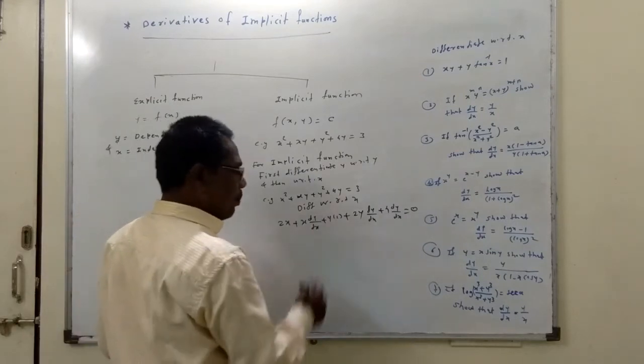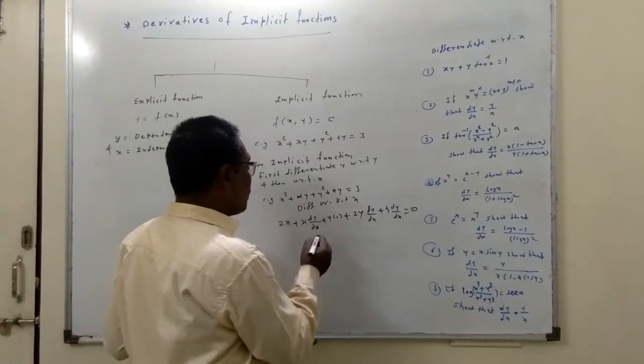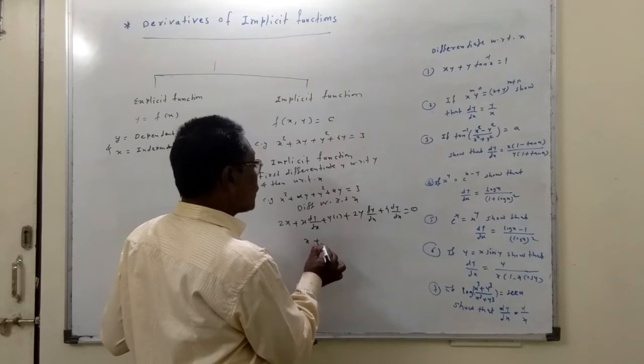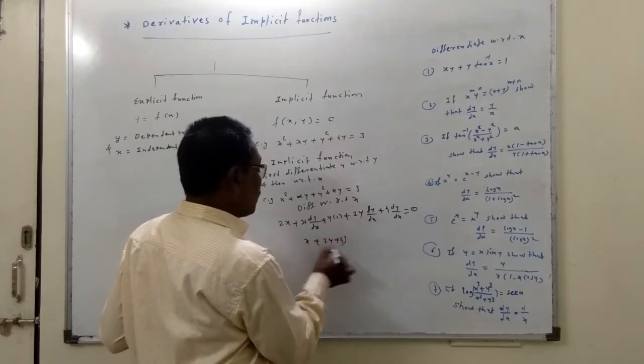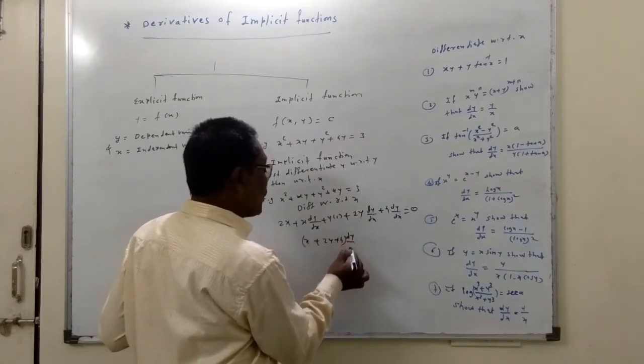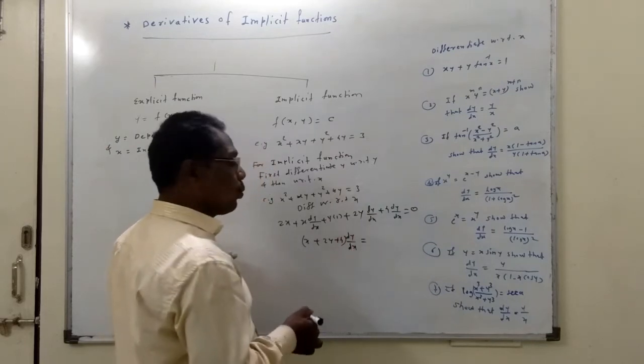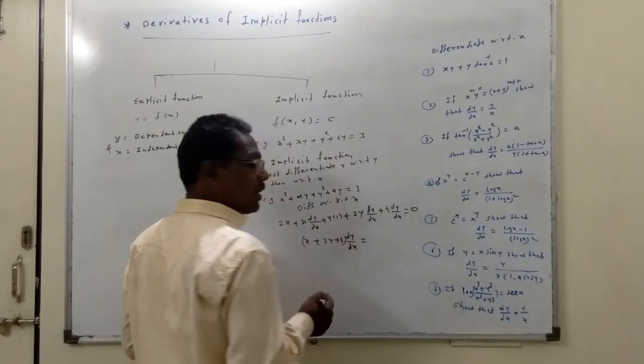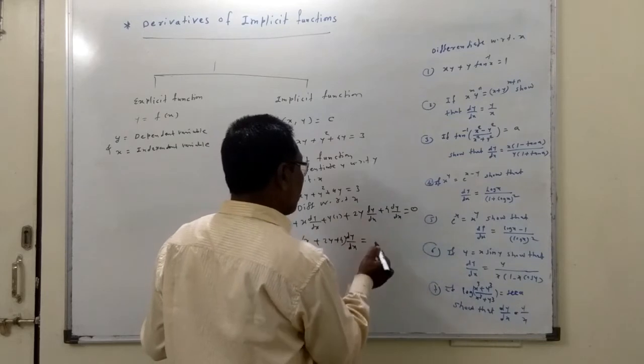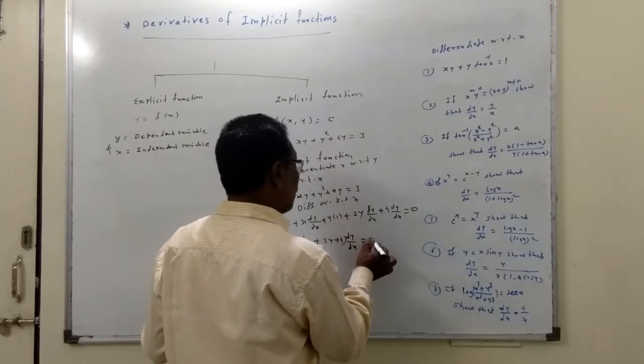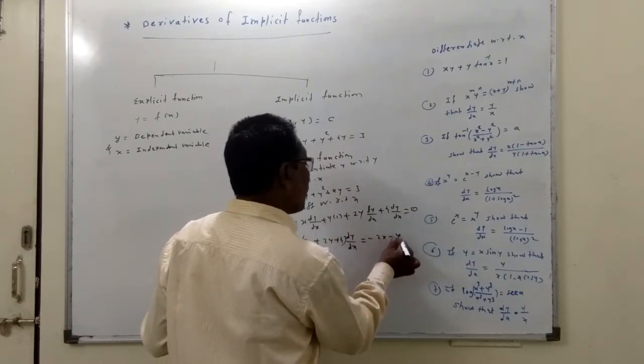Now our requirement is to find dy by dx, so we simplify. x plus 2y plus 4, dy by dx taken common outside, is equal to, now the terms in which there is no dy by dx we transfer to the right side, so minus 2x minus y.